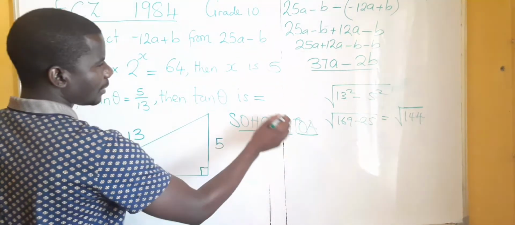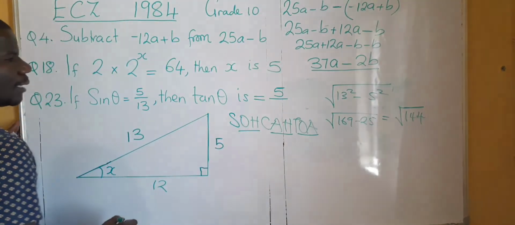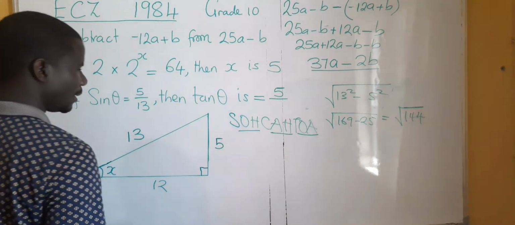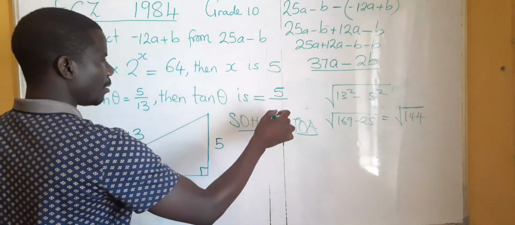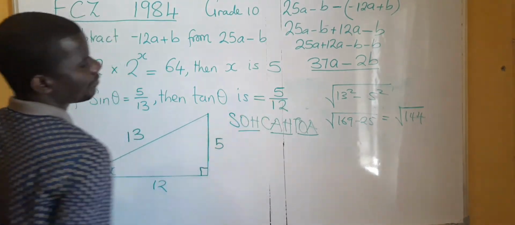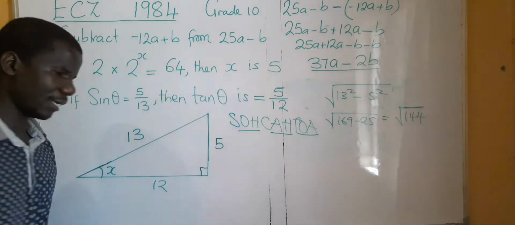Our opposite is still 5, over the adjacent. What is our adjacent? Our adjacent is 12. So this is what is going to be our answer.